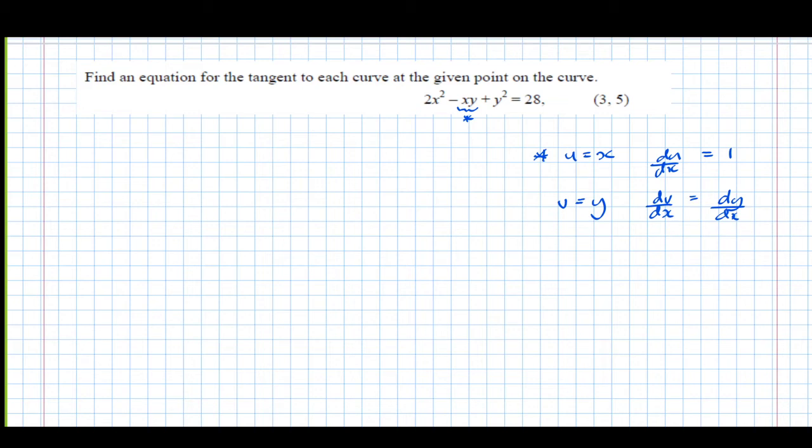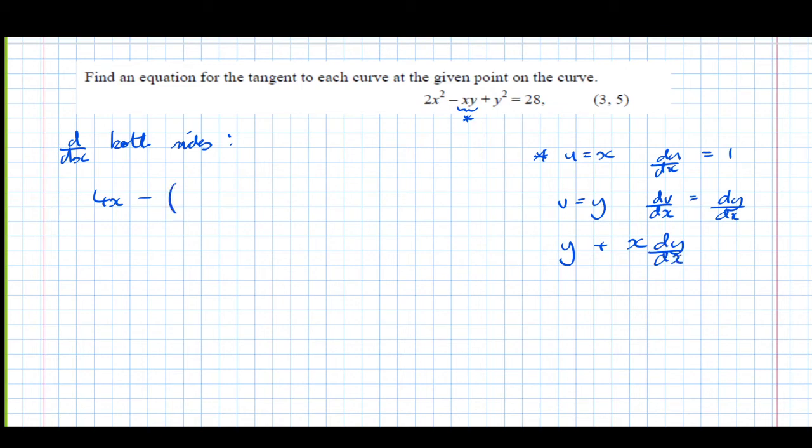So differentiating both sides now. So we get 4x minus, I forgot to do that bit there, so v times du by dx, y plus u times dv by dx, plus x dy by dx was the differential.